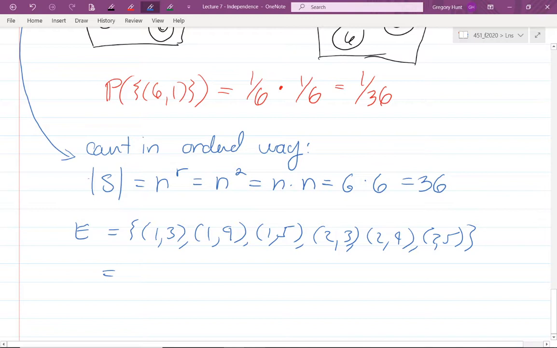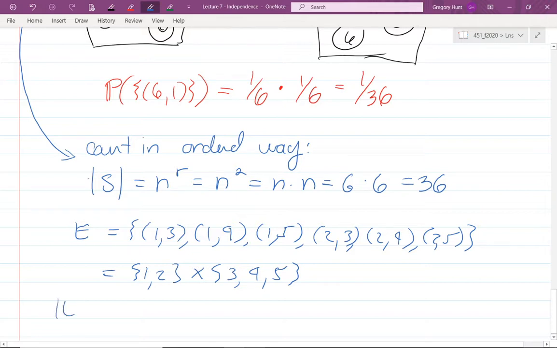Sorry, that's E, not the magnitude of E. That's actually just a Cartesian product. It's the set containing 1 and 2, Cartesian product with the set containing 3, 4, or 5, right? Cartesian product is all ordered pairs, 1 from the first, 1 from the second.